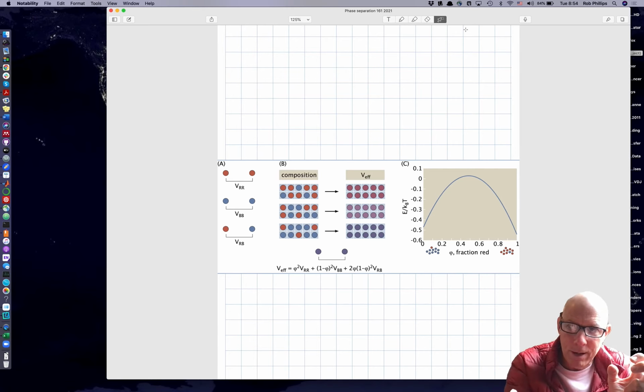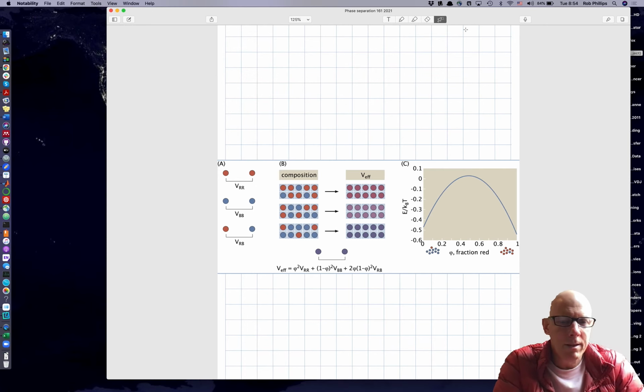That's the probability of finding a red, times phi, which is the probability of finding another red on the next lattice site. And so it's basically a weighted average over the red-red, the blue-blue, and the red-blue interactions. That's what we're indicating by this energy.